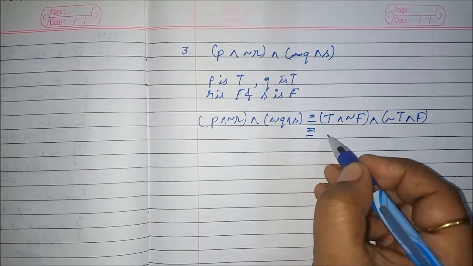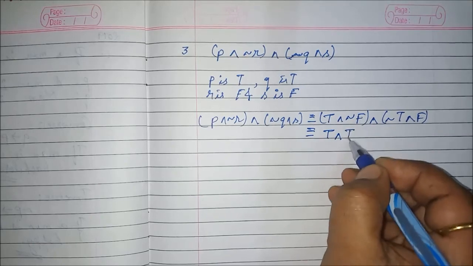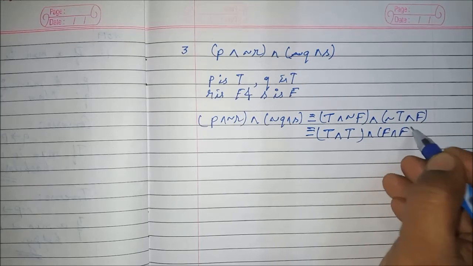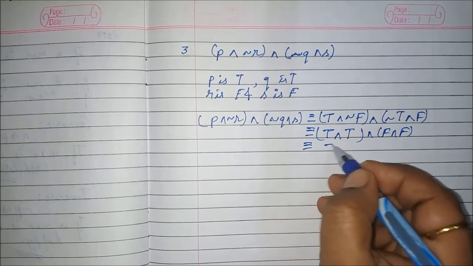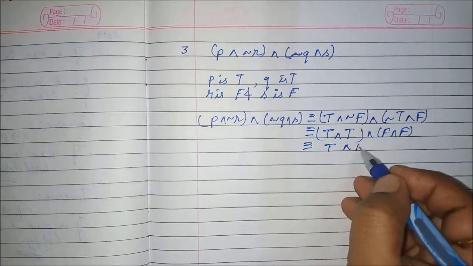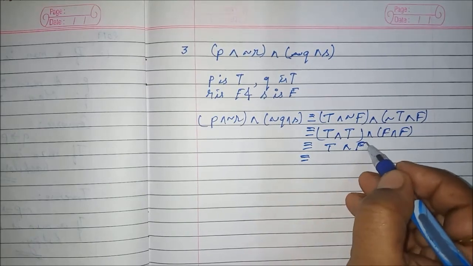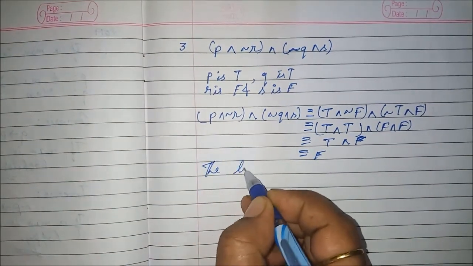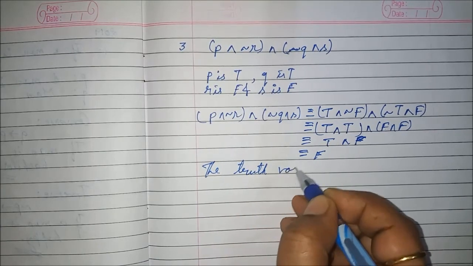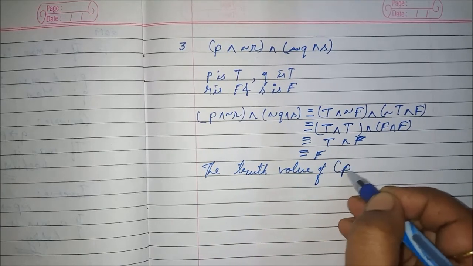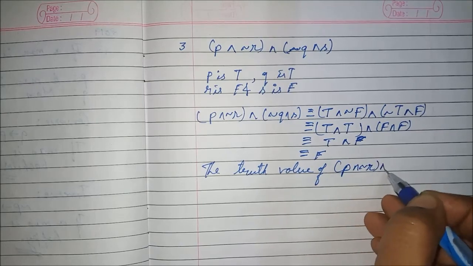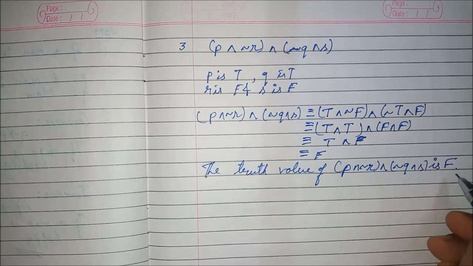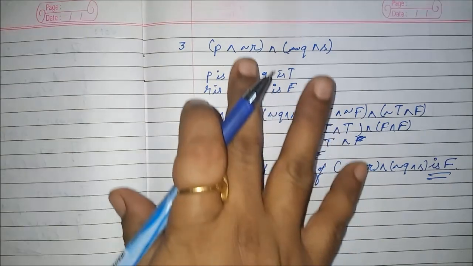So T and not F means T. And not T means F, and F. So T and T is T, and F and F means F. At last, T and F is F. So we write the truth value of P and not R and not Q and S is false. So this is the solution of this question.